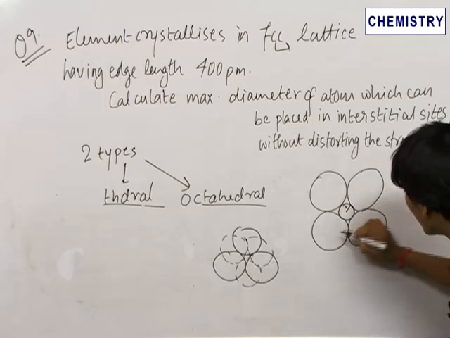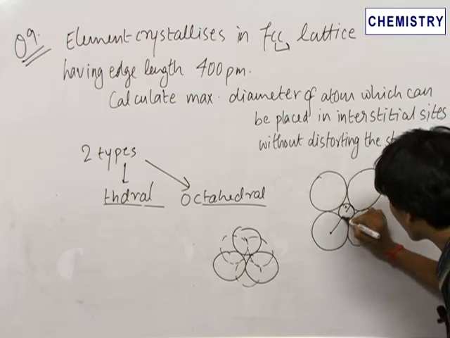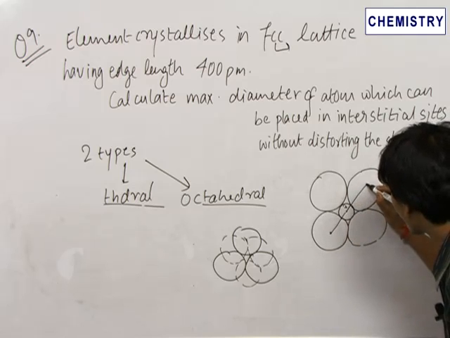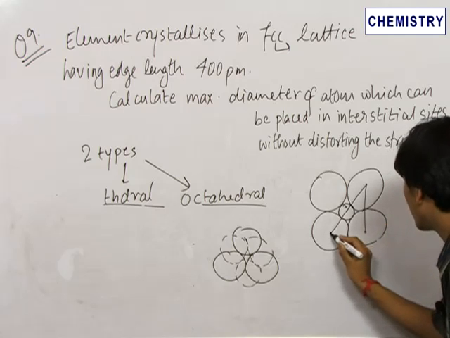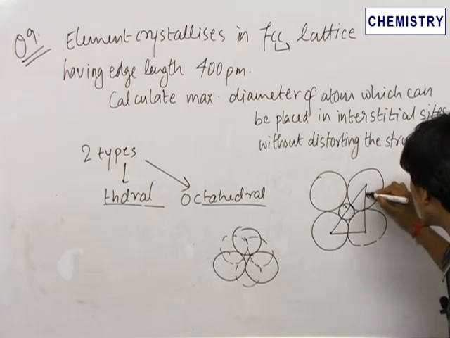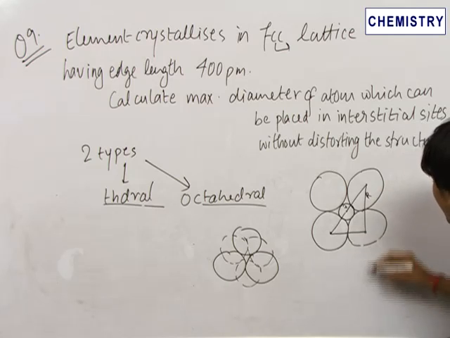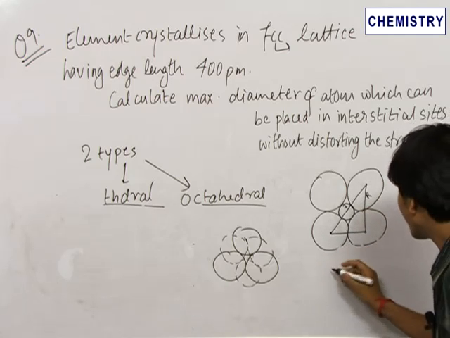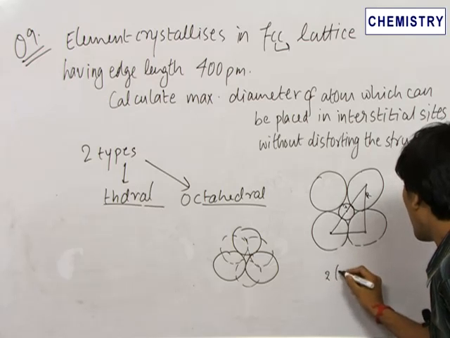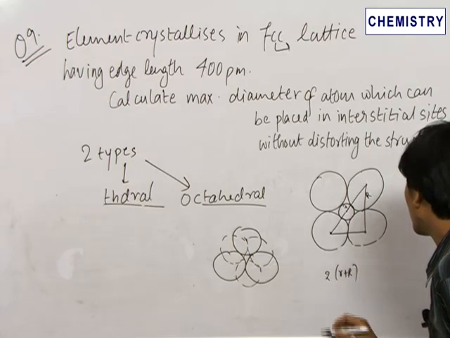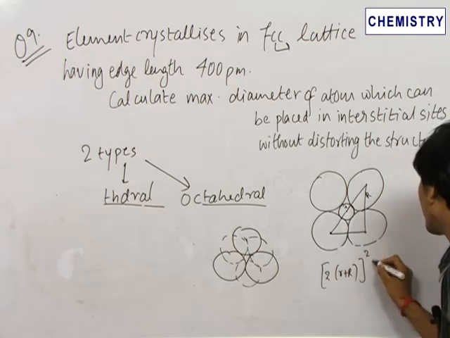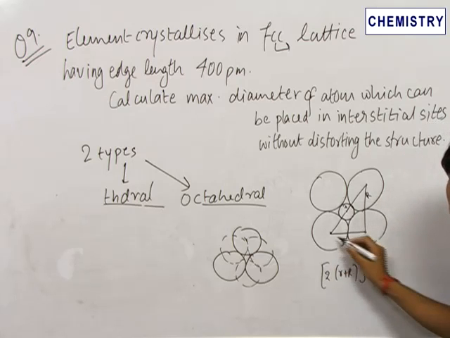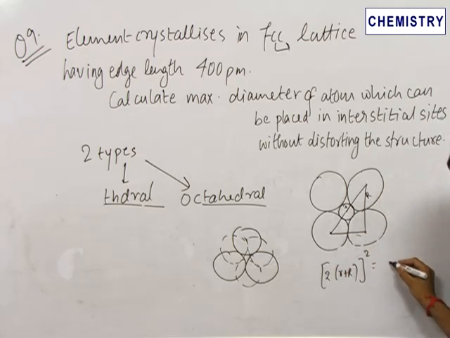Therefore we can clearly see over here. Let us join this. This is equal to capital R, that is the radius of the atom. Now we can see clearly by Pythagoras theorem that (2R) whole square is equal to (2R) whole square plus (2R) whole square, that is equal to 8R square.